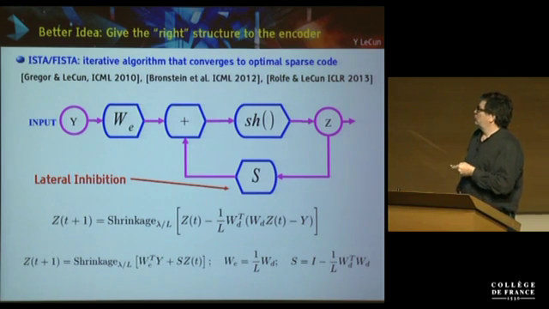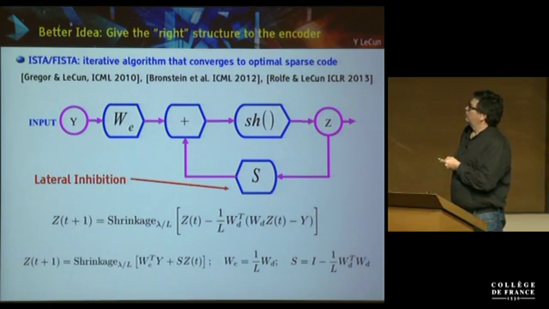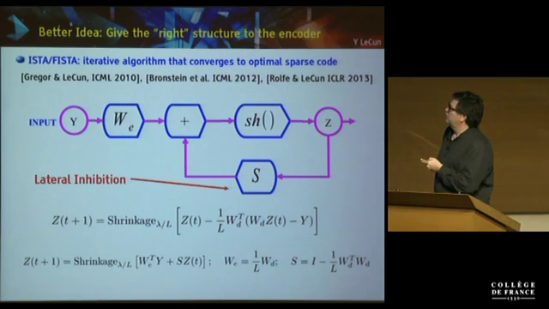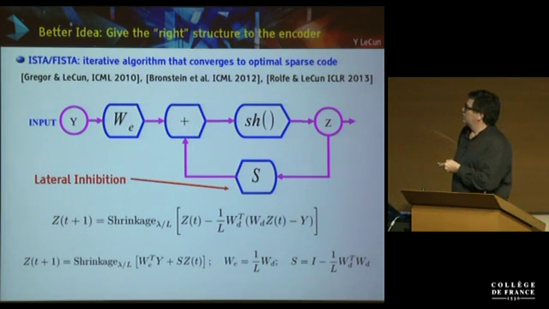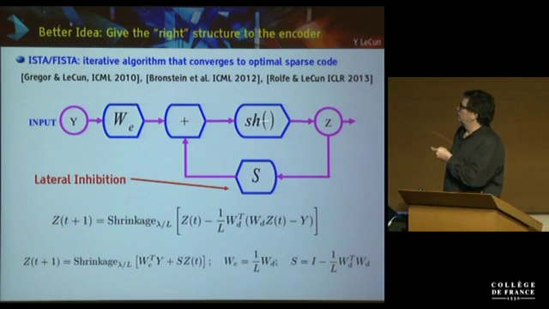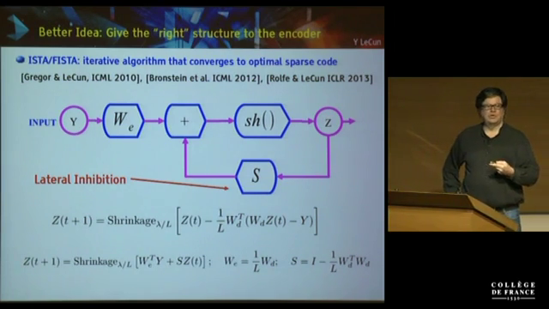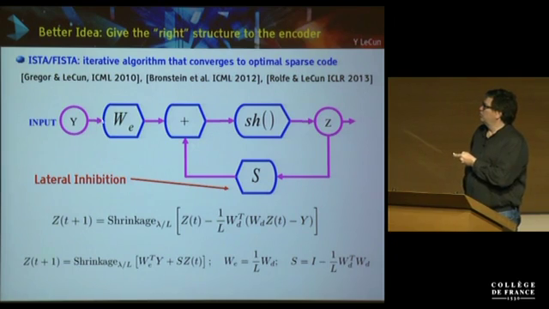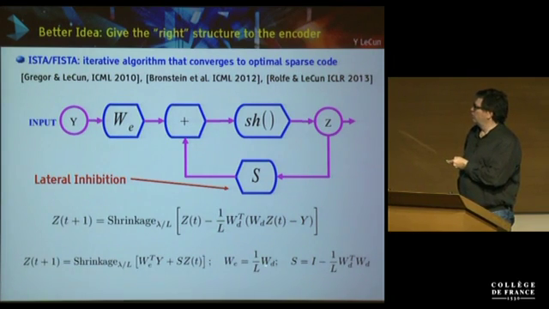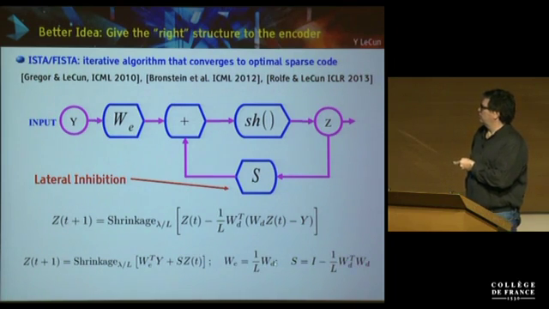There is a subtle idea proposed by my former postdoctoral student, Gregor, who said, why not look at this iterative algorithm as a recurrent network, and train these two matrices, WE and S, instead of giving them directly the values proposed by these formulae?